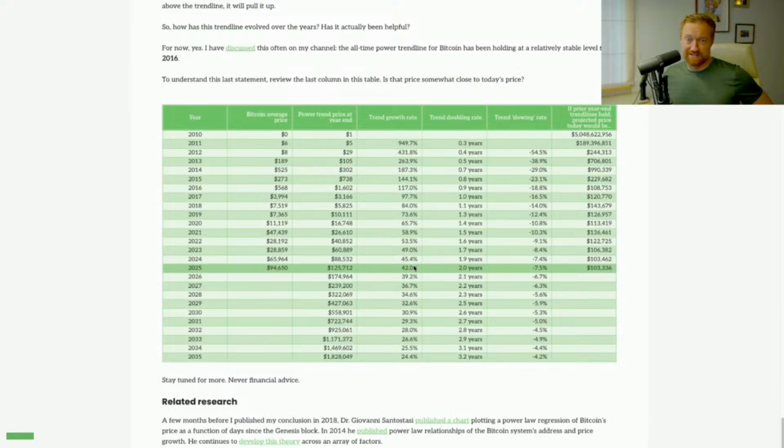So I don't think it has anything to do with it. I just think it's something that's there in the background, but the key thing is just the growth rate. It's the adoption rate of Bitcoin.